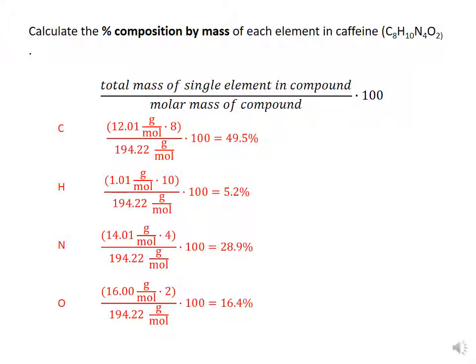And the oxygens in caffeine contribute about 16% of the total mass. As you might suspect, the mass contributions for each of these elements, when summed, will add to 100. So 100% of the mass of caffeine is represented by these 4 elements.